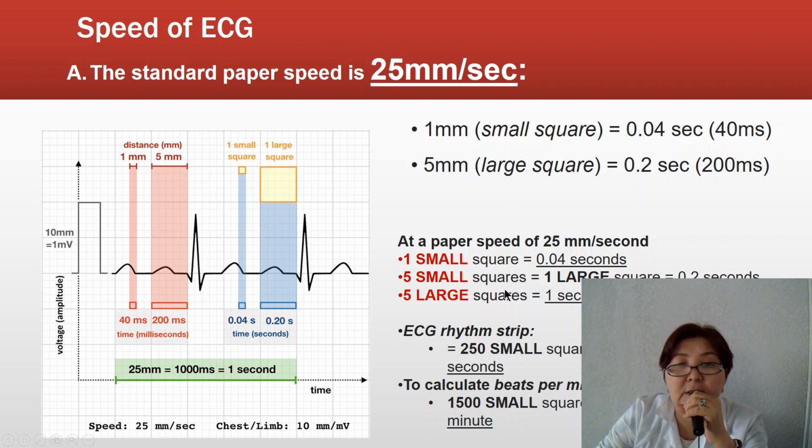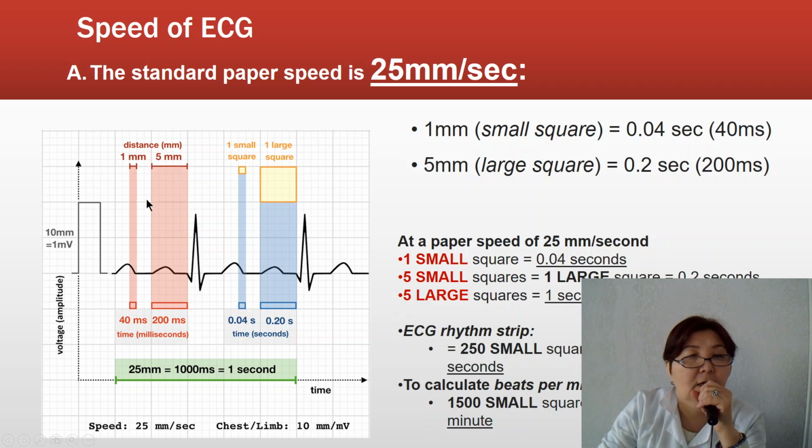At a paper speed of 25 millimeter per second, one small square is 0.04 second, 5 small squares or one large square equal 0.2 seconds, and 5 large squares, 1, 2, 3, 4, 5, equal 1 second.